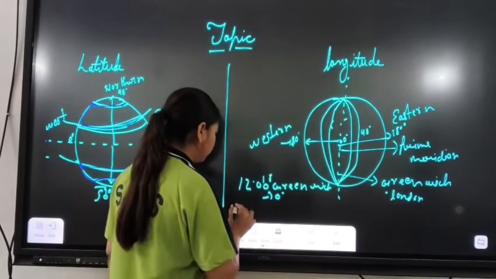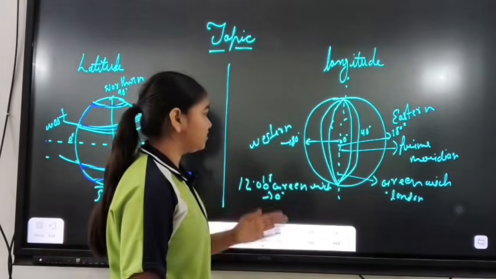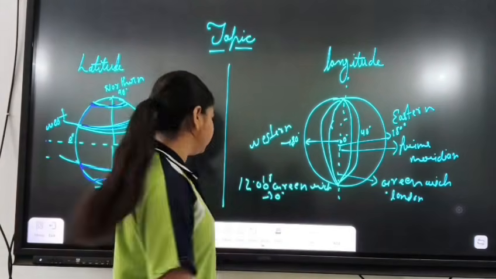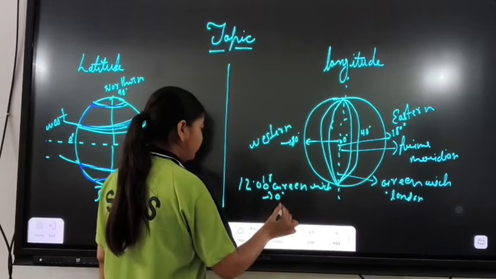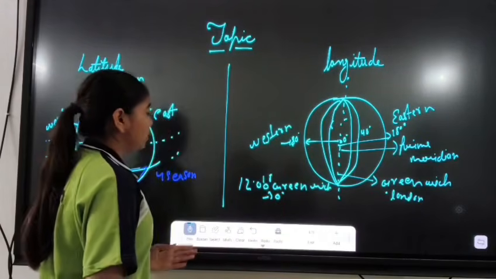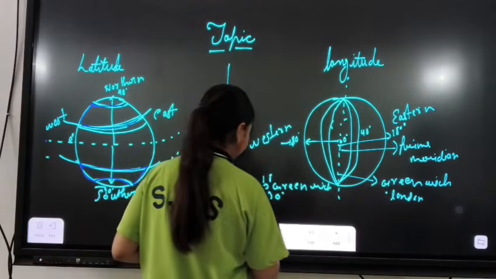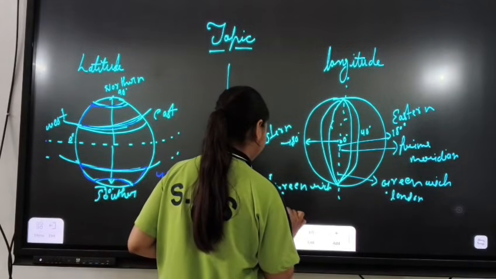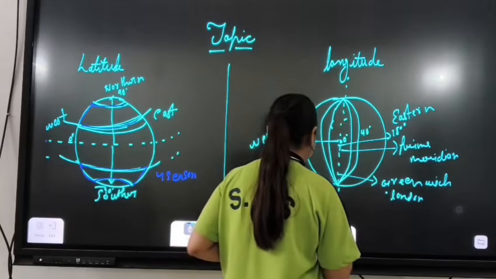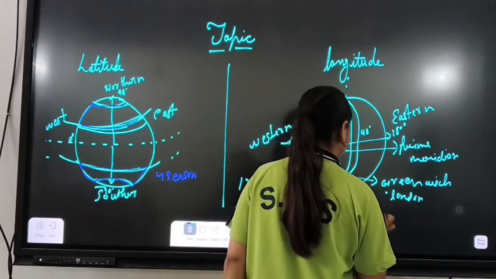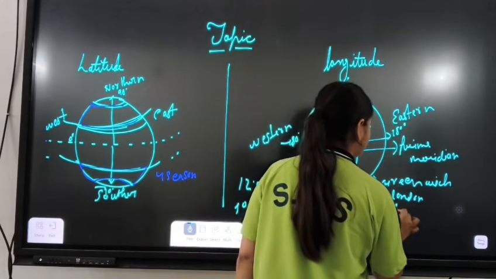As I told you that every degree has a 4 minute difference, then the time will also have a 4 minutes difference. So if it's 12 o'clock at 0 degree, then at 1 degree it will be 12:04. And in the same way, at 2 degree, it will be 12:08, and so on.